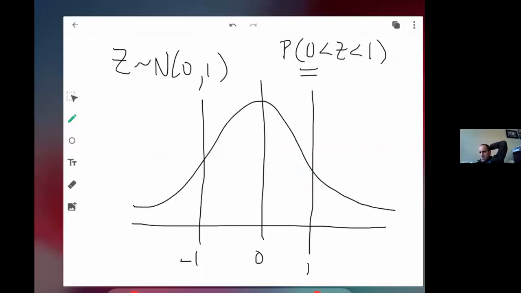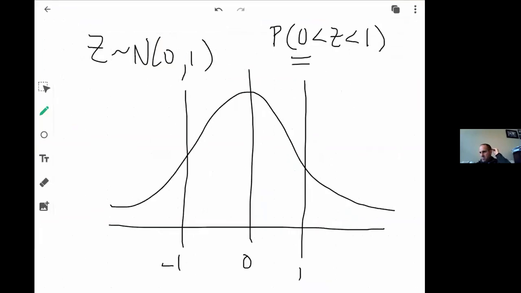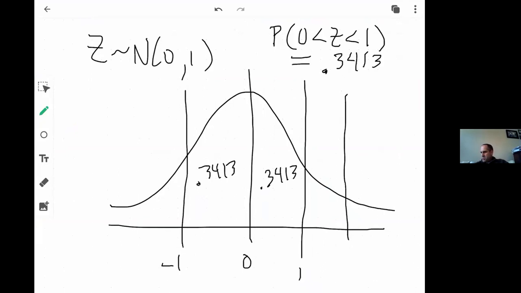Okay, here we go. So what did we discover? Well, we discovered that this probability was 0.3413, and that's this stuff right here. If that's 0.3413, then this is also 0.3413. What about if we went out to 2 and down to -2?